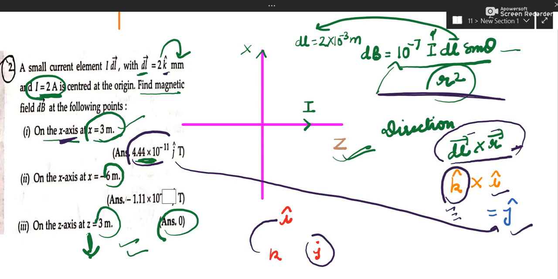Okay, now coming to the next part, it is along negative x-axis. The point is along negative x-axis.